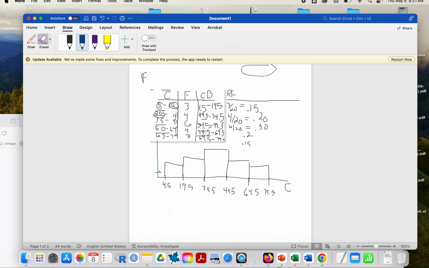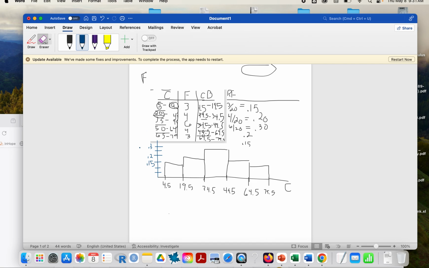So here's 0.05, here's 0.10, here's 0.15, here's 0.20, here's 0.25, and finally 0.30. So here's our 0.3, here would be our 0.2, here would be our 0.15.